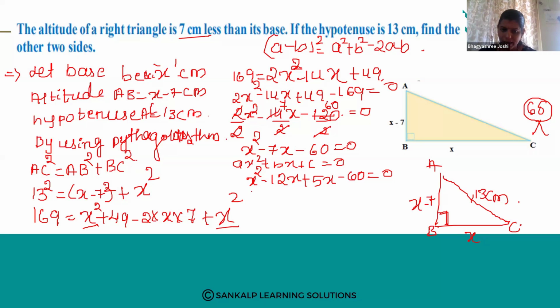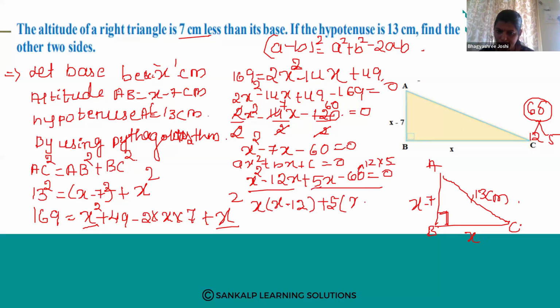Okay, now here also make two groups. So here x is common. So take x outside. What I will get in the bracket, that is x minus 12, plus 60 can be written as 12 into 5. So 5 is common here.